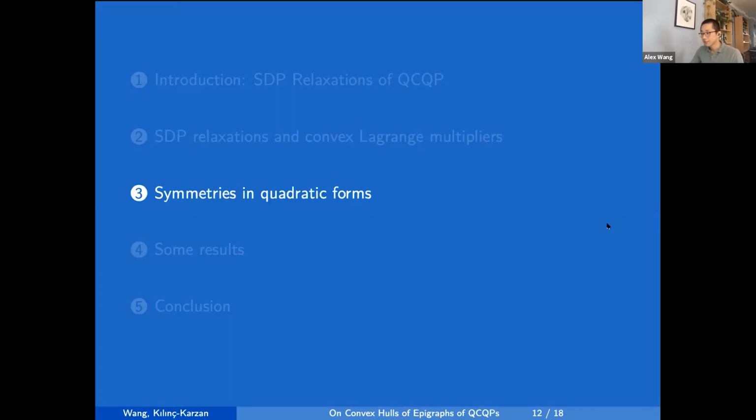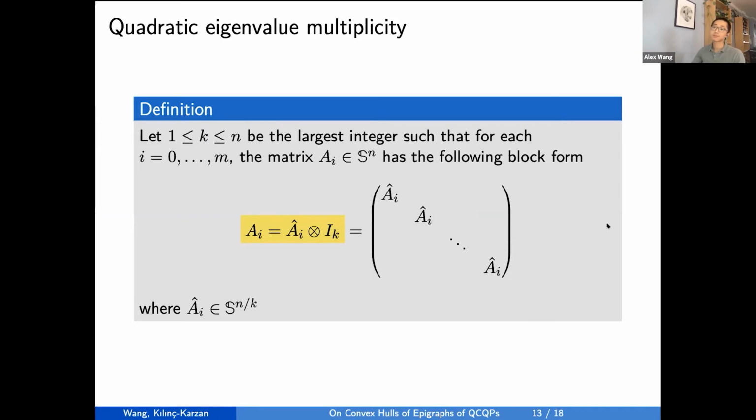Right, so let's move on to symmetries. We define this notion, we call it the quadratic eigenvalue multiplicity. It's a parameter of a QCQP. It's going to be the largest integer k between 1 and n such that each matrix A_i, the quadratic forms in your quadratic functions, can be written as a block diagonal matrix with k many smaller \hat{A}_i matrices down the diagonal.